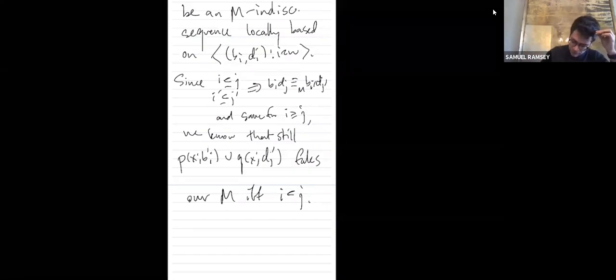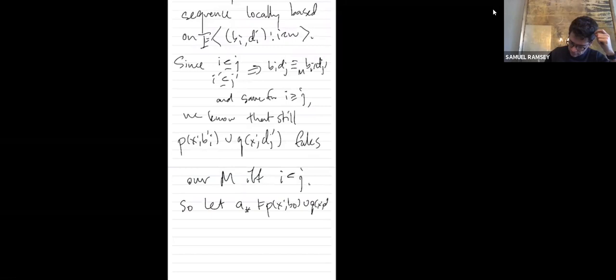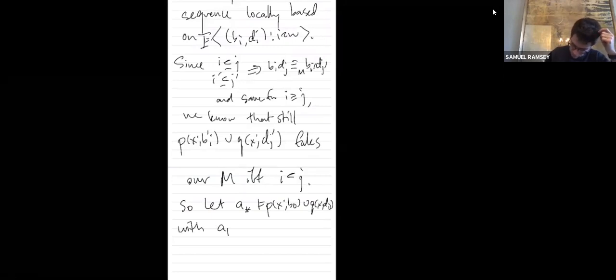So let's call this sequence I, just to give it a name. So let A star realize P(x,B_0) union Q(x,D_0), with A star forking independent over M from B_0 and D_0. This we could do because it didn't fork.